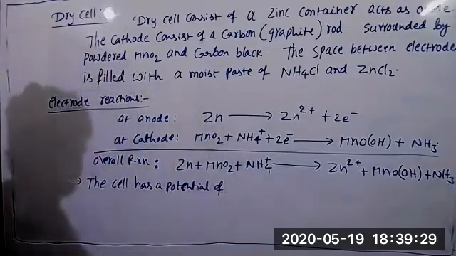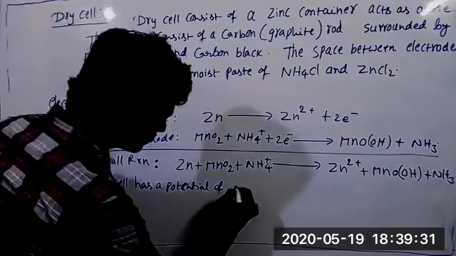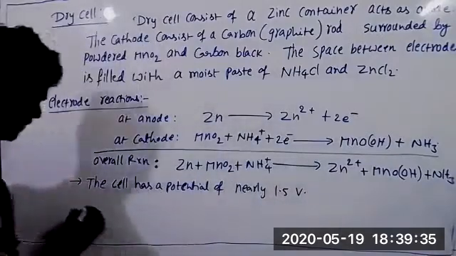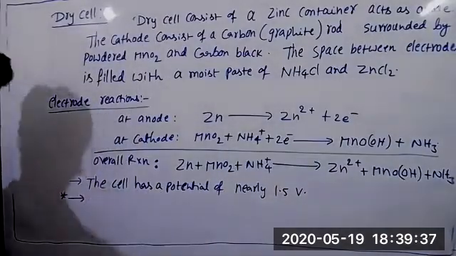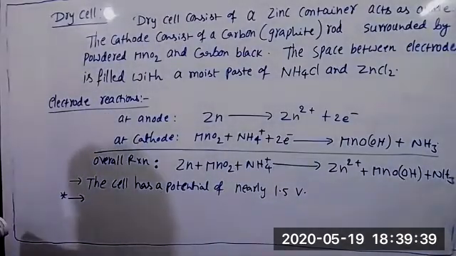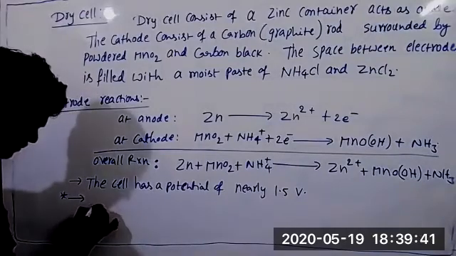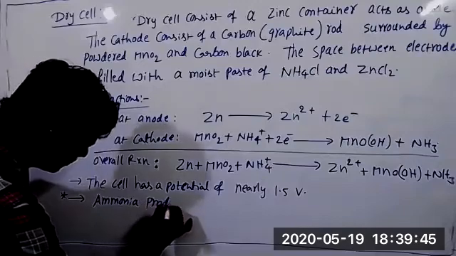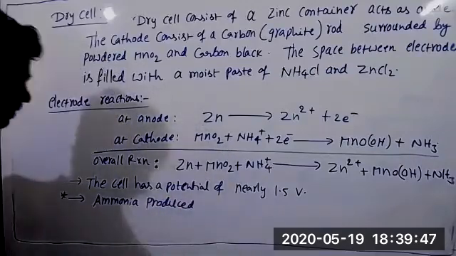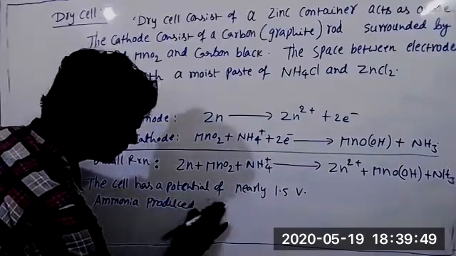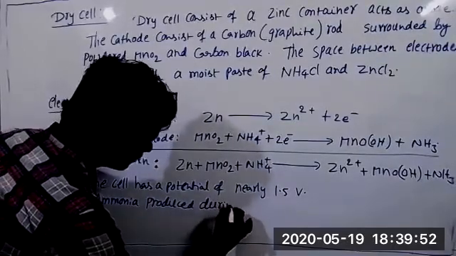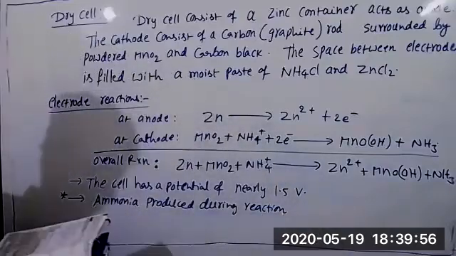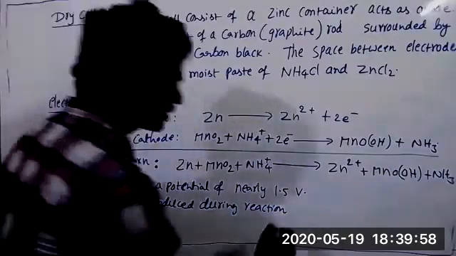The cell has a potential of nearly 1.5 volts. Ammonia produced during the reaction forms a complex with zinc.